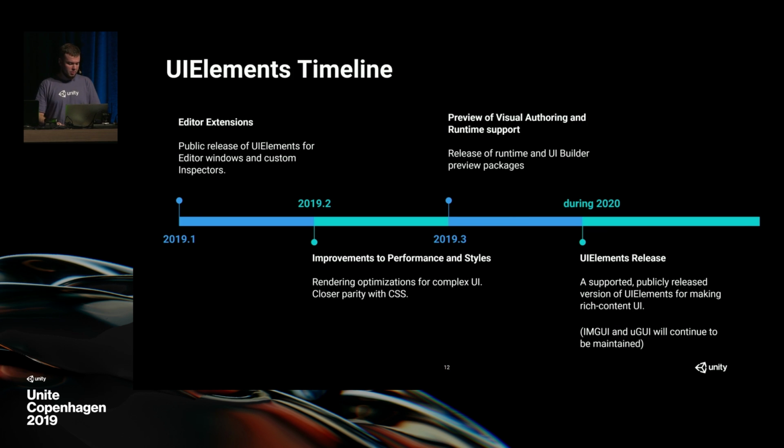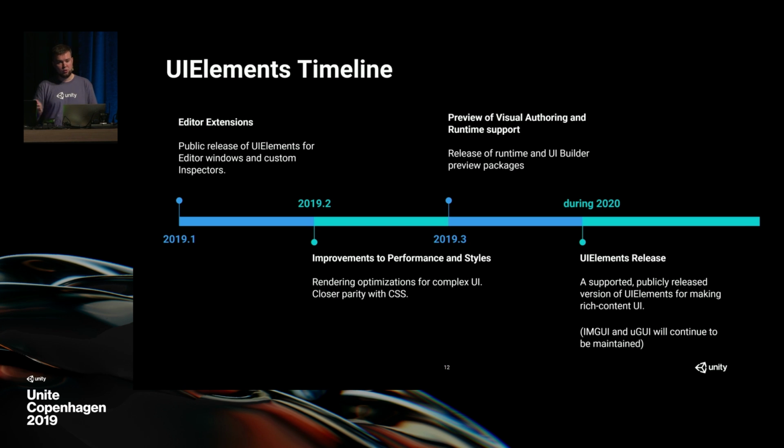Just going to end with a quick timeline of UIElements. So we released for editor extensions in 2019.1, so this was a public version, production-ready API, but it was only for editor extensions. In 2019.2, we improved performance and we got closer to CSS parity.